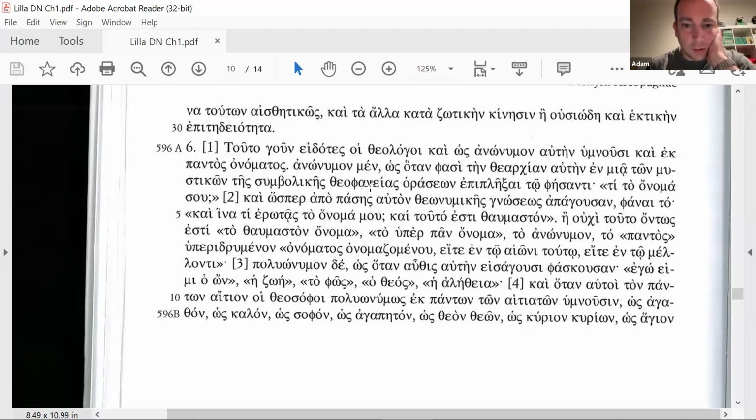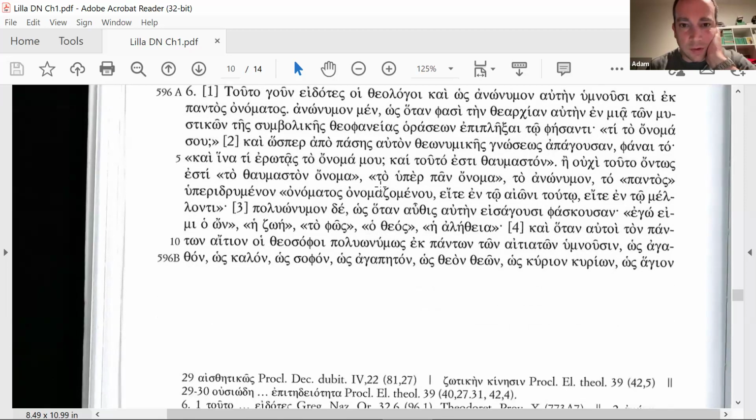Nameless on the one hand, as when they say that the Godhead itself, in one of the, I guess, mystical visions of the symbolic appearance of the god, a theophany is the English, I think.